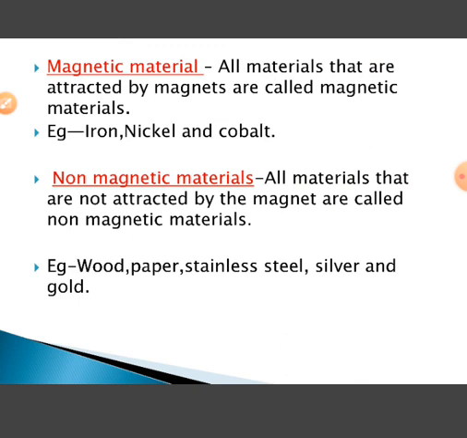On the other hand, we have non-magnetic materials. These are the materials that are not attracted by magnets. Magnets cannot attract them. Examples of such materials are wood, paper, stainless steel, silver, and gold.